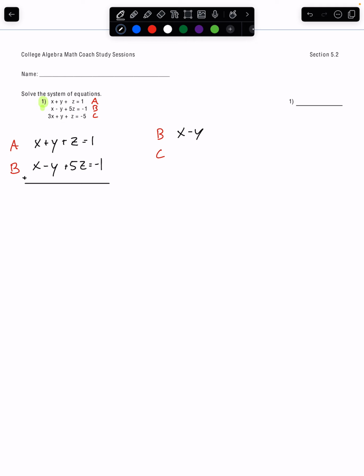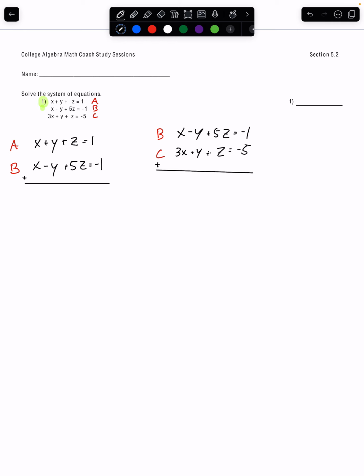I'm going to take x minus y plus 5z equals -1. 3x plus y plus z equals -5. And we're going to add them.